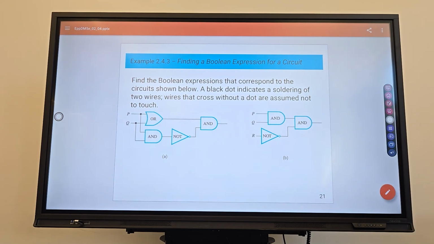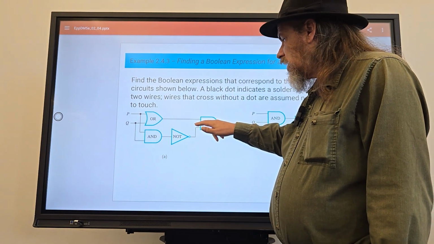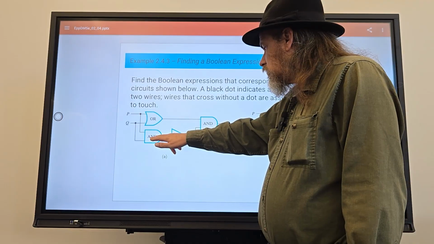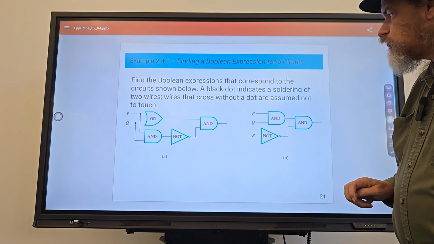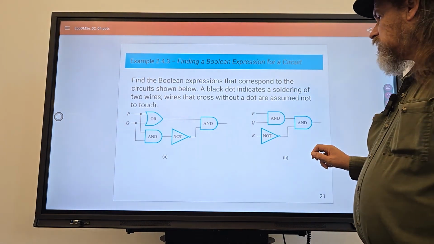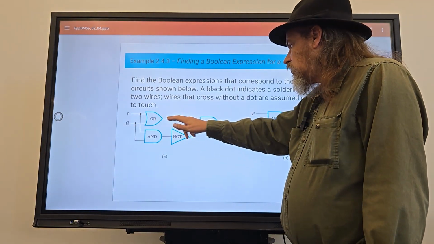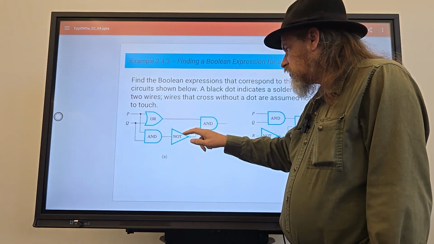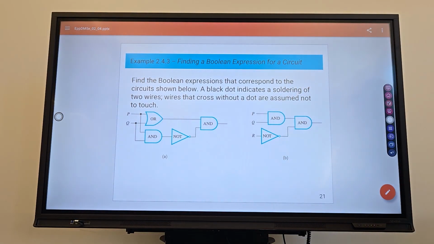The Boolean expression that corresponds to the circuit below: you work from left to right to create your expression, using parentheses to group things together.